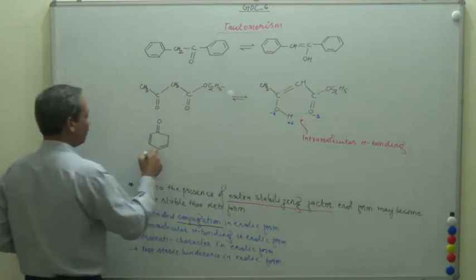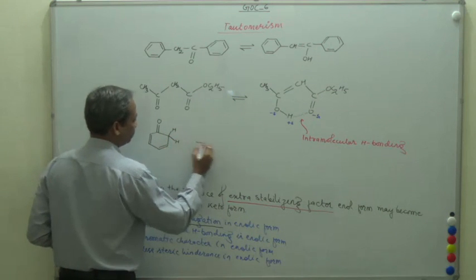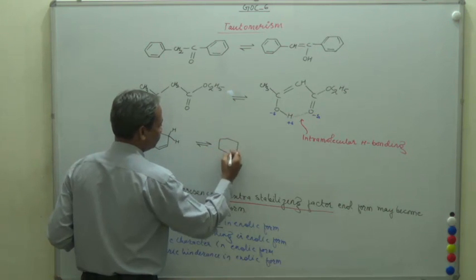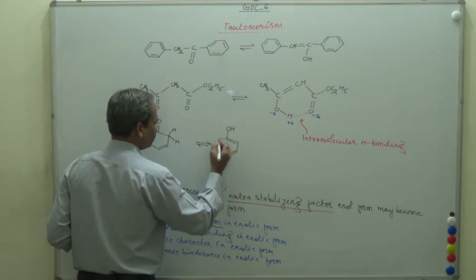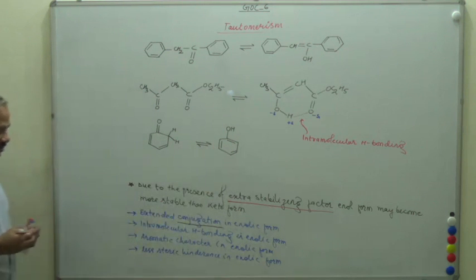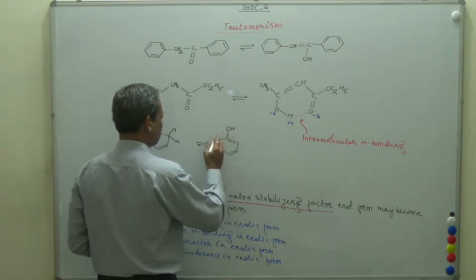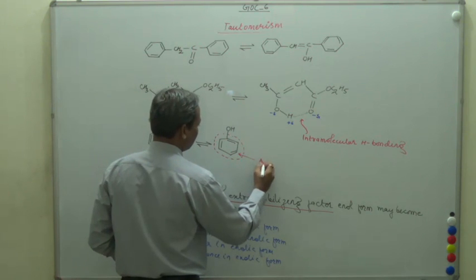So here there is a 6-member ring, but there are no alternate multiple bonds. But during tautomerization, here there will be a benzene ring with alternate multiple bonds. So this is responsible for aromatic character.